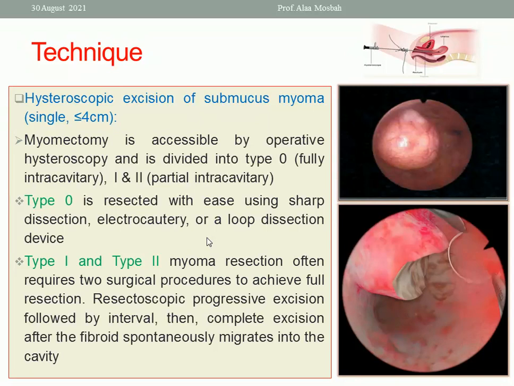I remove as much as I can of the myoma with the resectoscope, then give it some time, then do another hysteroscopic operation to complete the removal, because the remaining intramural part will bulge inside the cavity, so I can remove it completely. It is rare to finish, especially type 2, in one session. It's so difficult to finish the whole myoma resection in one session, so it needs 2 sessions.